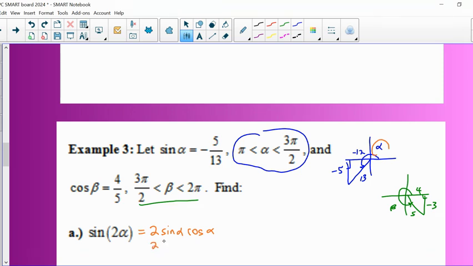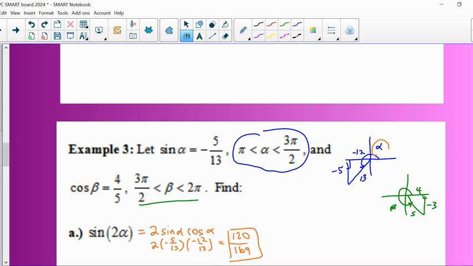We multiply 2 times sine of alpha, which we knew was -5/13, and cosine of alpha, which is -12/13. Overall, it's going to be positive. 120 is the numerator, 2 times 5 times 12, and 13 squared is 169. So there's our sine of 2 alpha.